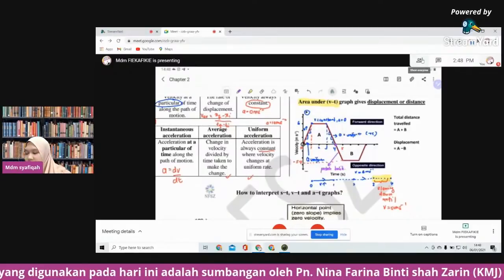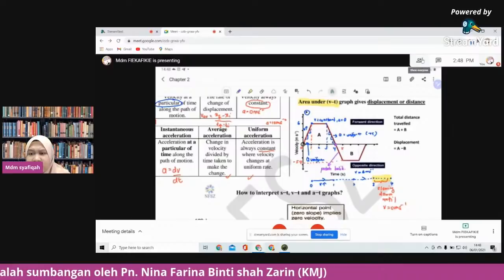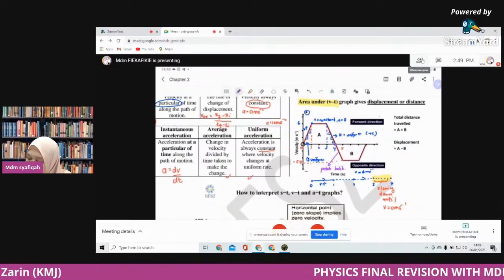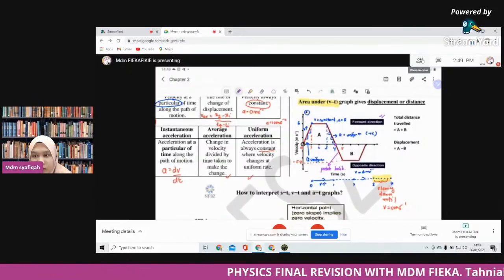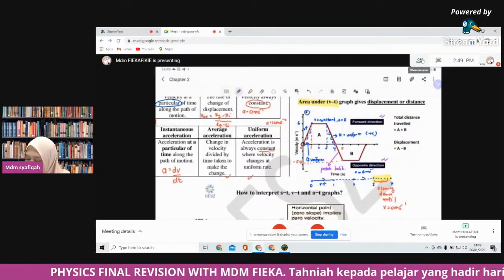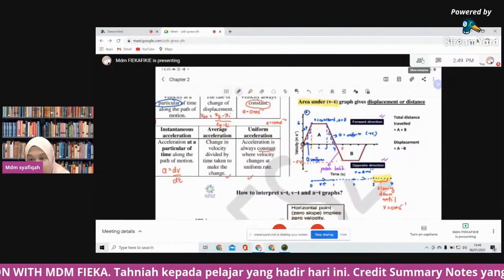All right. So now look at the total distance. What is the difference between total distance and displacement? When you get these notes, you can look at them one by one. Here there is also a forward direction, which is positive direction, and then this is the opposite direction. So the area below is the opposite direction, meaning it turns back.